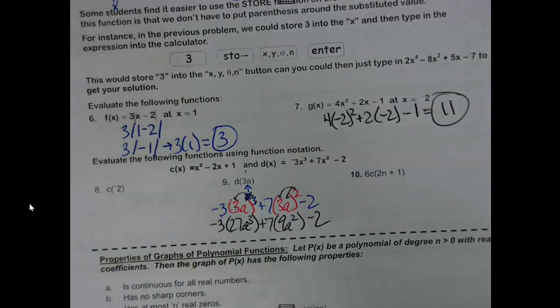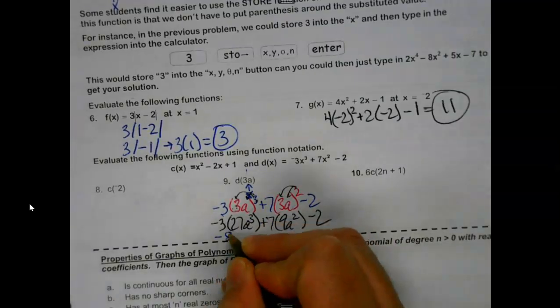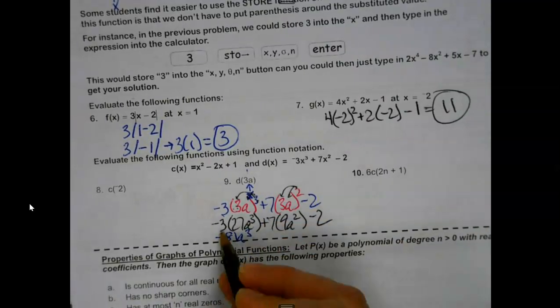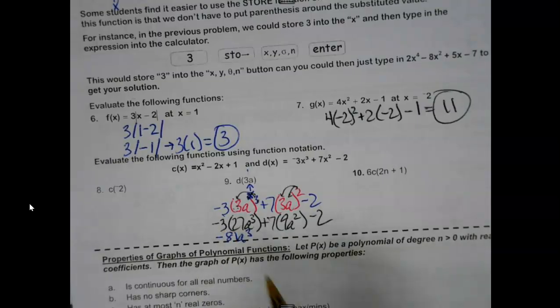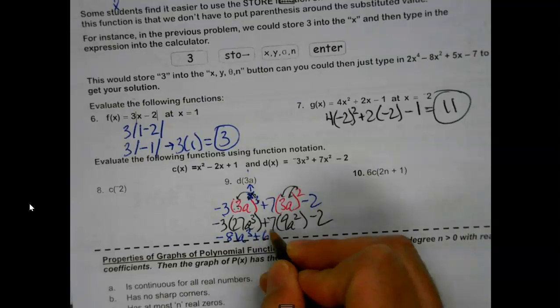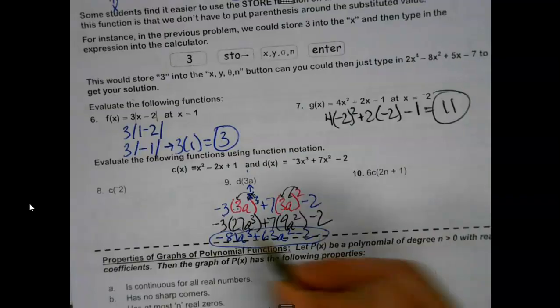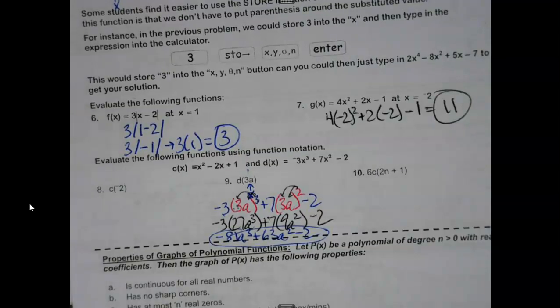And now I can do my last step and actually simplify this. So negative 81a to the third. We're just multiplying coefficients. Yes, it's legal, even with this having a squared and the other part not. 63a squared minus 2. No more like terms to put together.